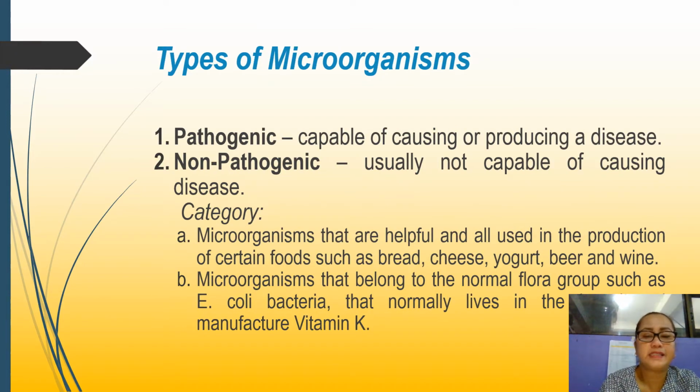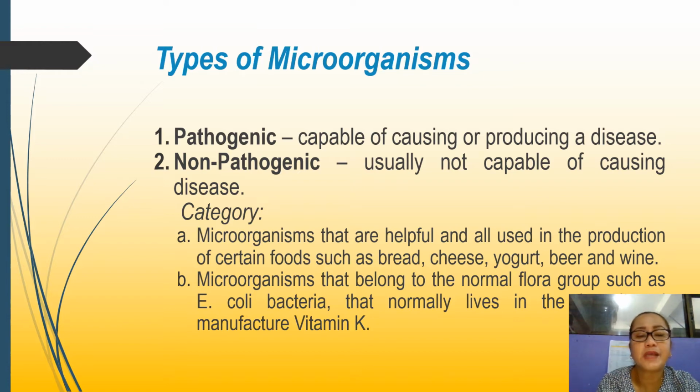Types of microorganisms, we have pathogenic and non-pathogenic. When you say pathogenic, from the word patho, it is capable of causing a disease, or disease-causing microorganism. While non-pathogenic, from the word non, is not capable of causing a disease per se.